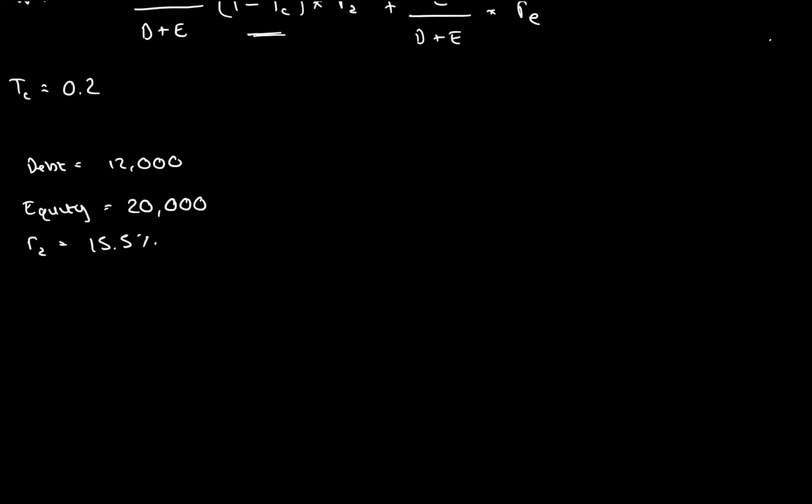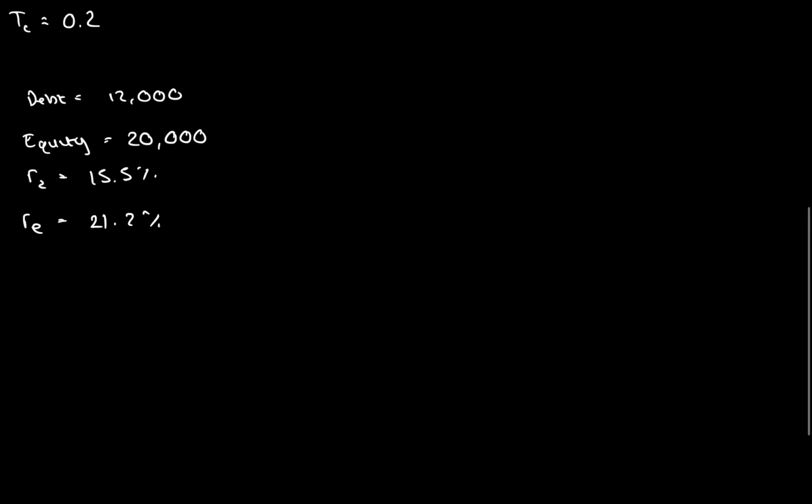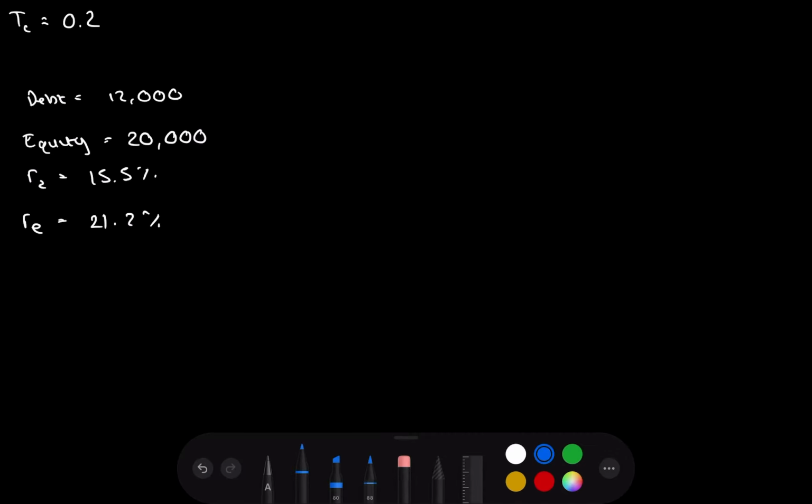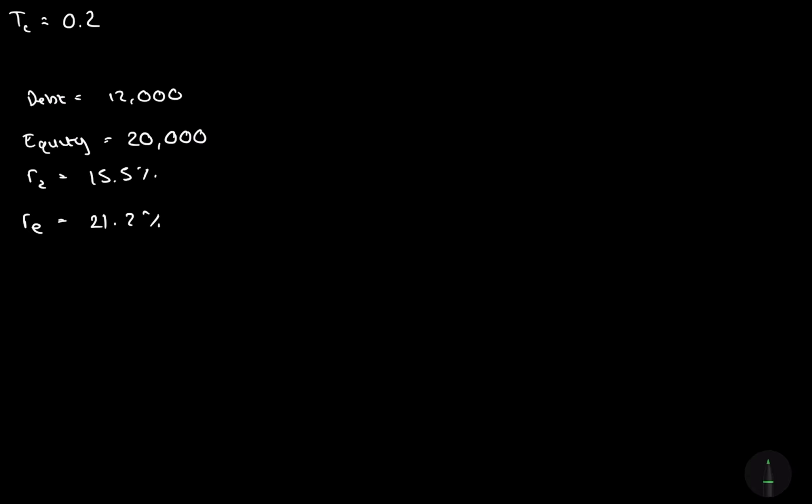These are just random numbers plucked out of nowhere. RE, let's go 21.2%. Now we'll sub this into the formula. I'll use a different colour, probably a green. Let's put it into this formula: debt, 12,000 over equity plus debt.